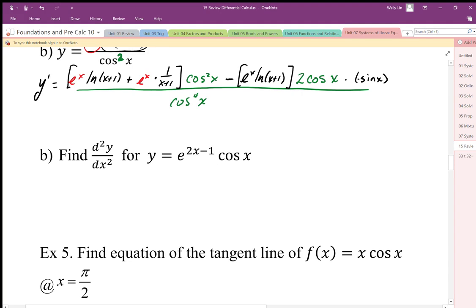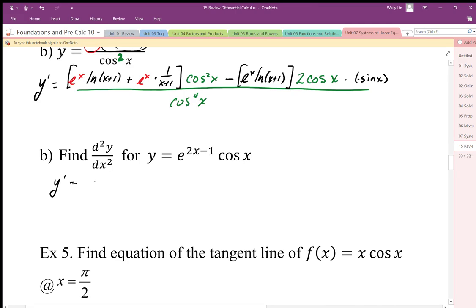For the second derivative here, the d squared y over dx squared means that we are taking the second derivative, so we're going to have to apply the product rule and the chain rule here.